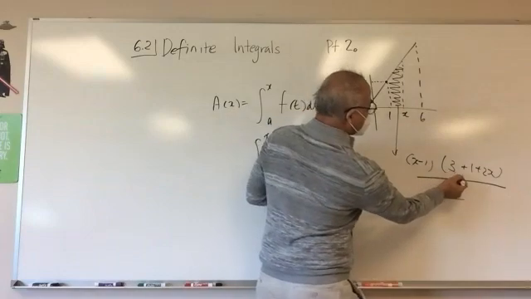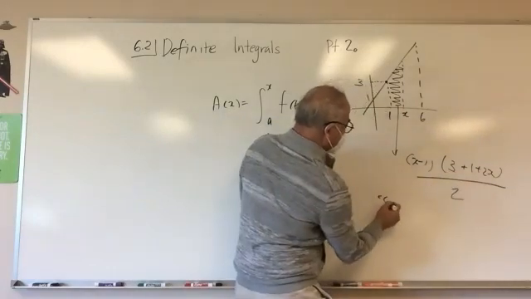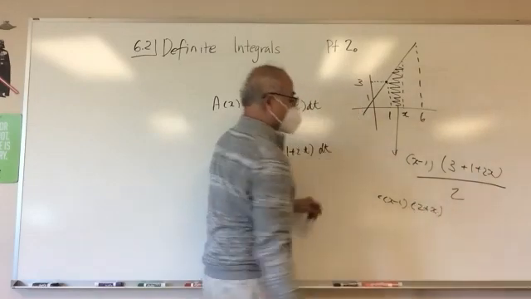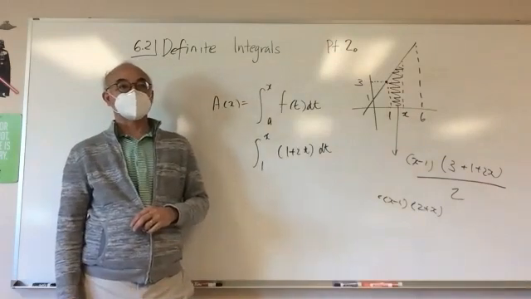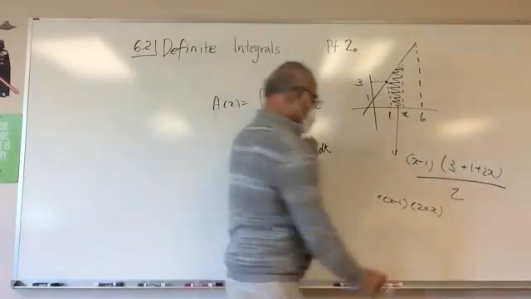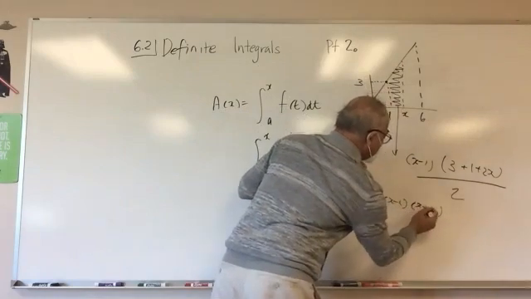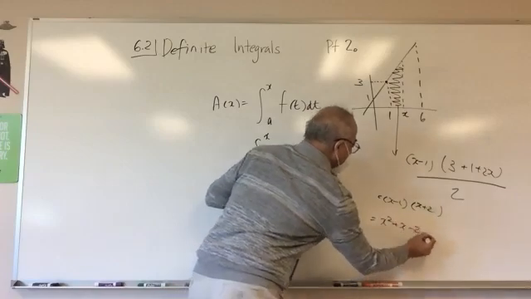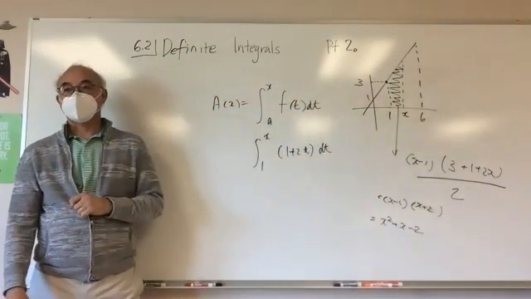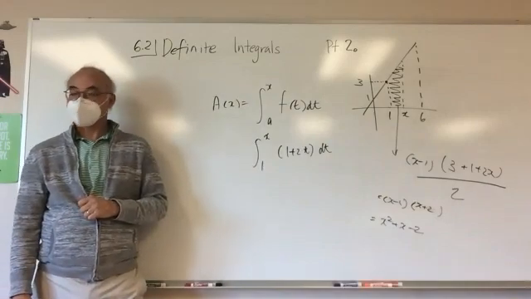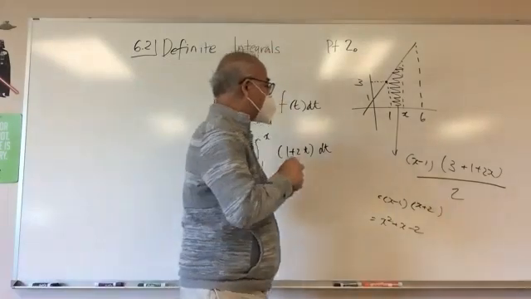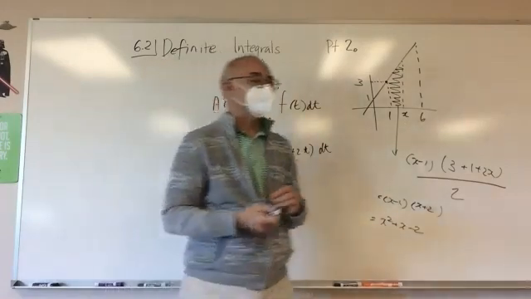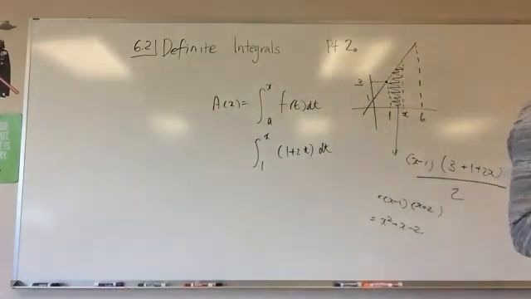So we're going to get 4 plus 2x, and you have 2 here, so 4 plus 2x divided by 2 is 2 plus x, or rewrite this as x plus 2. So the function itself is going to be x squared plus x minus 2. That's going to be your answer. Just keep in mind the actual concept of accumulator function. We will use that very heavily when we talk about the fundamental theorem of calculus.